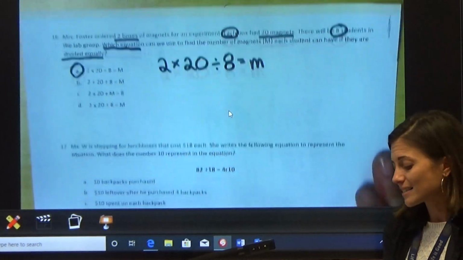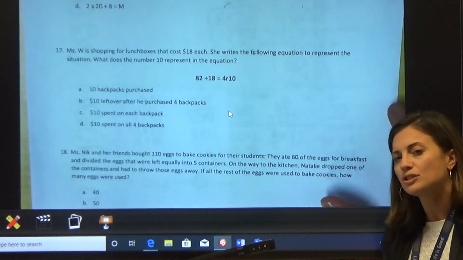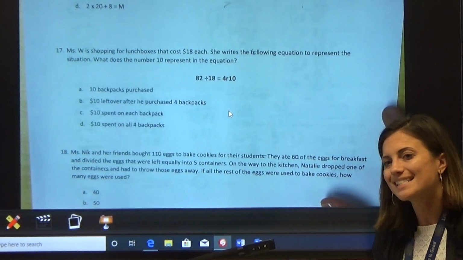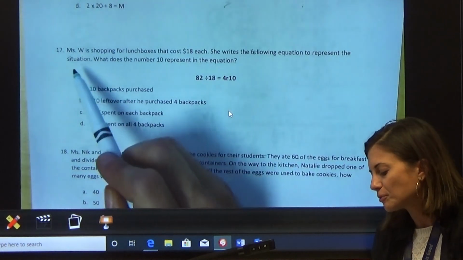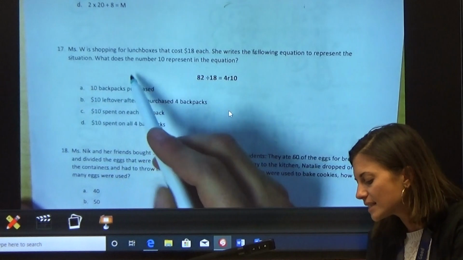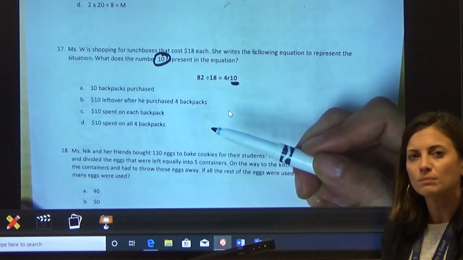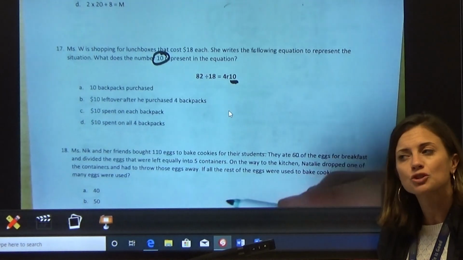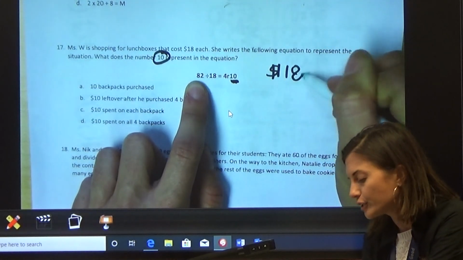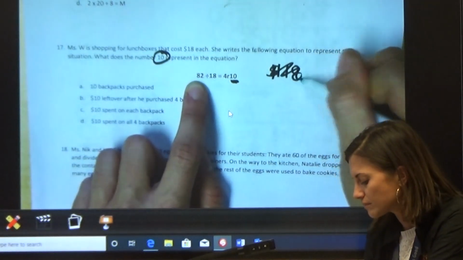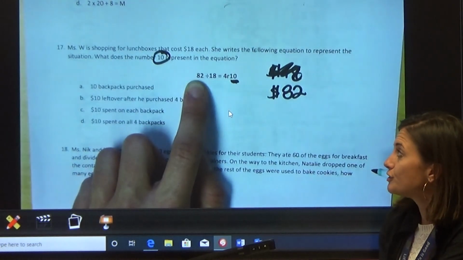And next, number 17. Miss W is shopping for lunch boxes that cost $18 each. She writes the following equation to represent the situation. What does the number 10 represent in the equation below? Well, in this situation, Miss W starts with $82.